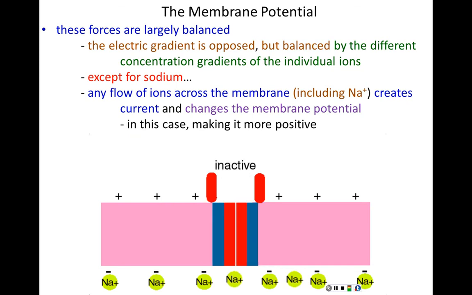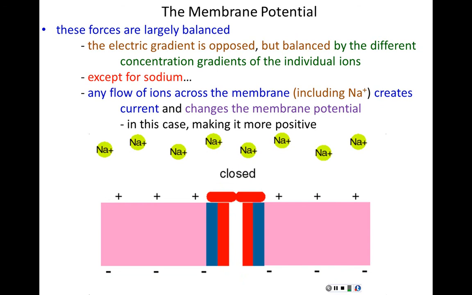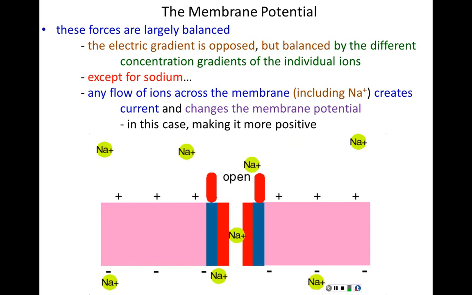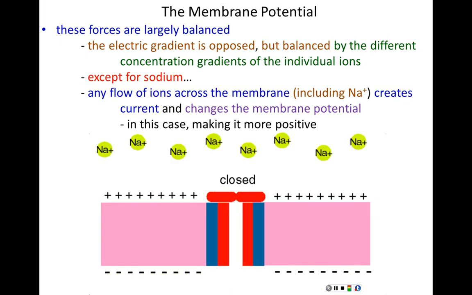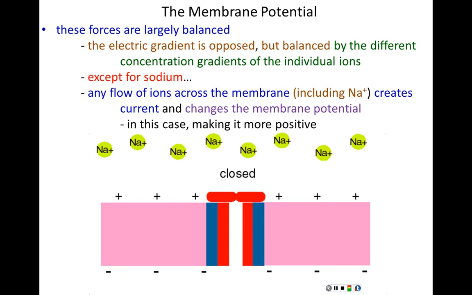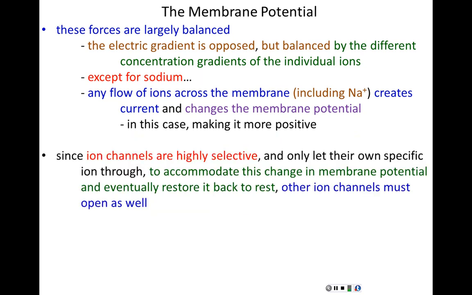The reason for that is because we have more negative charge inside the cell than out. When sodium, a positively charged ion, goes rushing into the cell, you make that potential less negative. You are diluting the negative charge with positively charged sodium. That causes the membrane potential to go up, closer to zero, and in fact, it could go as far as being a positive membrane potential.